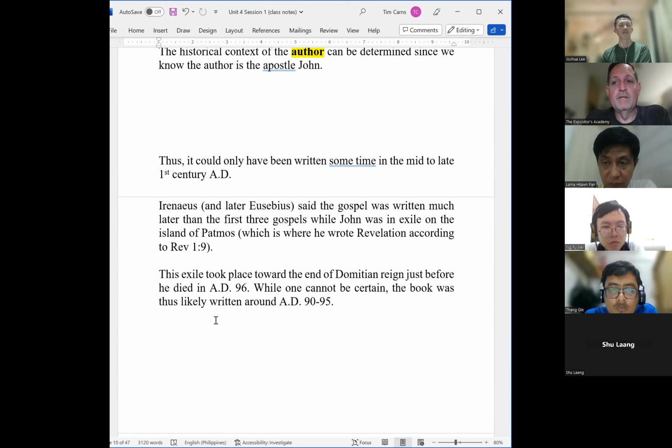He was probably told by Polycarp, who probably knew from John himself, that John wrote the Revelation while he was on Patmos, when he was in exile. And Irenaeus says that John also wrote his gospel while he was in exile.